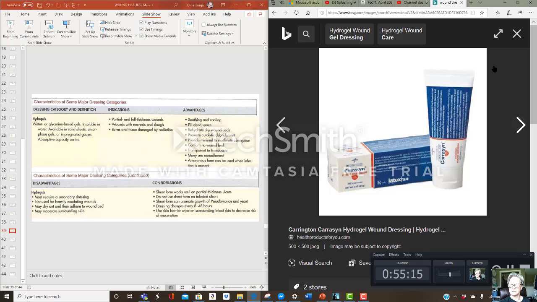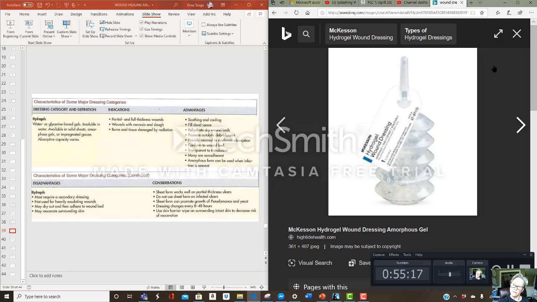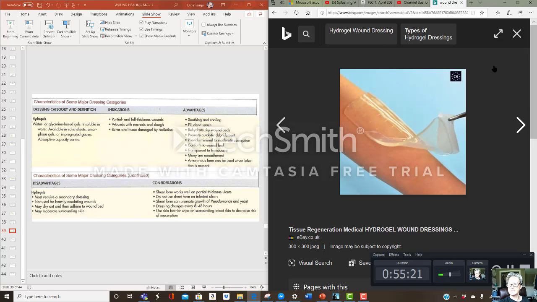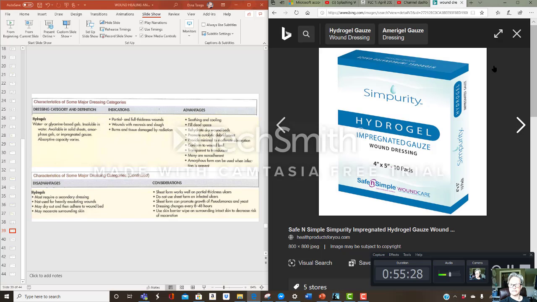Hydrogel wound dressing, so it fills the dead space. There's a hydrogel. Rehydrates dry wound beds. So this is available in solid sheets, gels, or impregnated gauze.